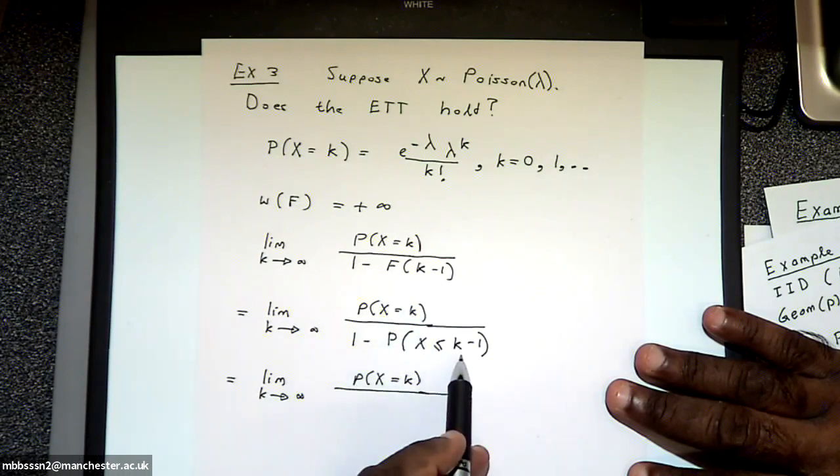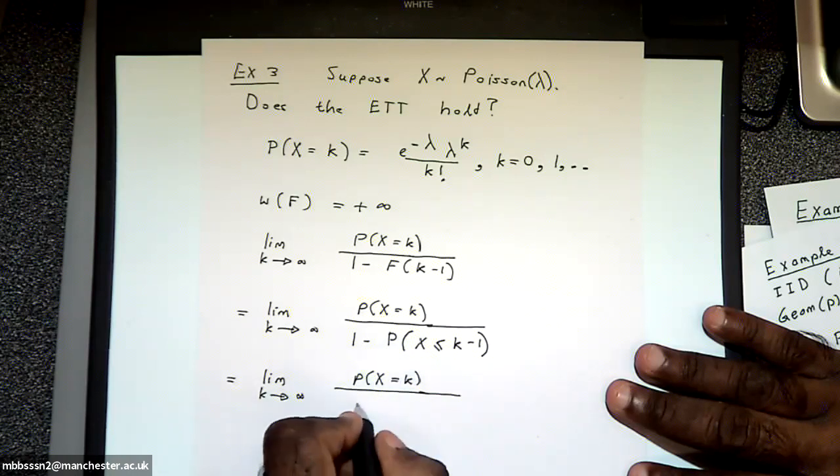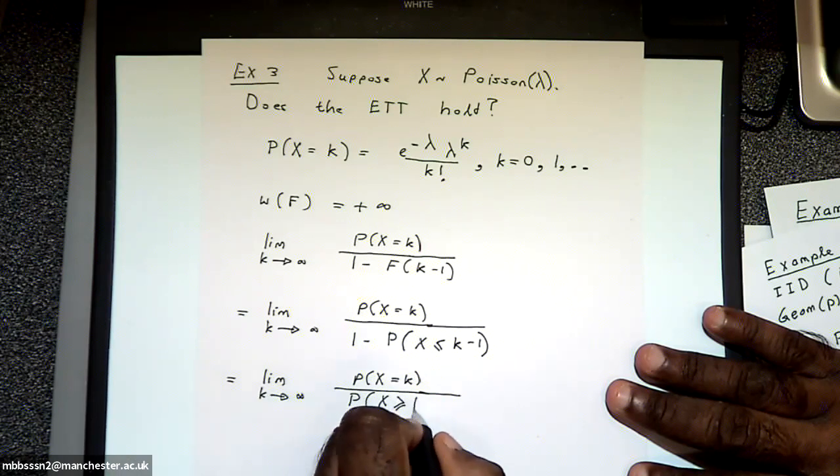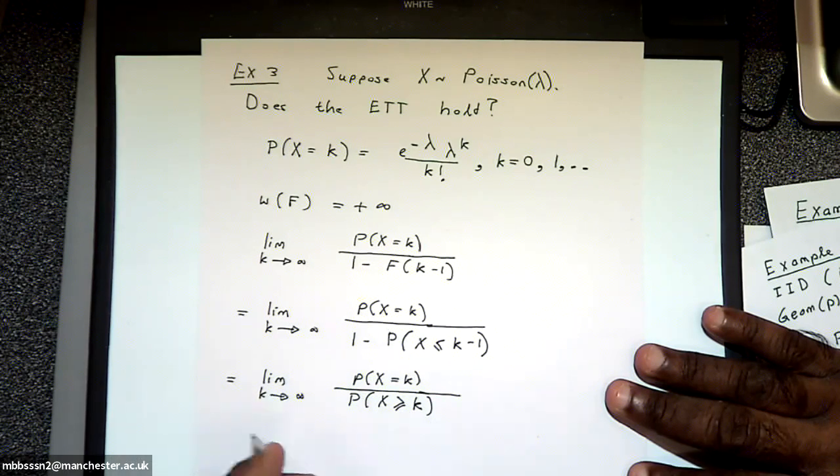So 1 minus of this will be the probability that x is greater than or equal to k, right?